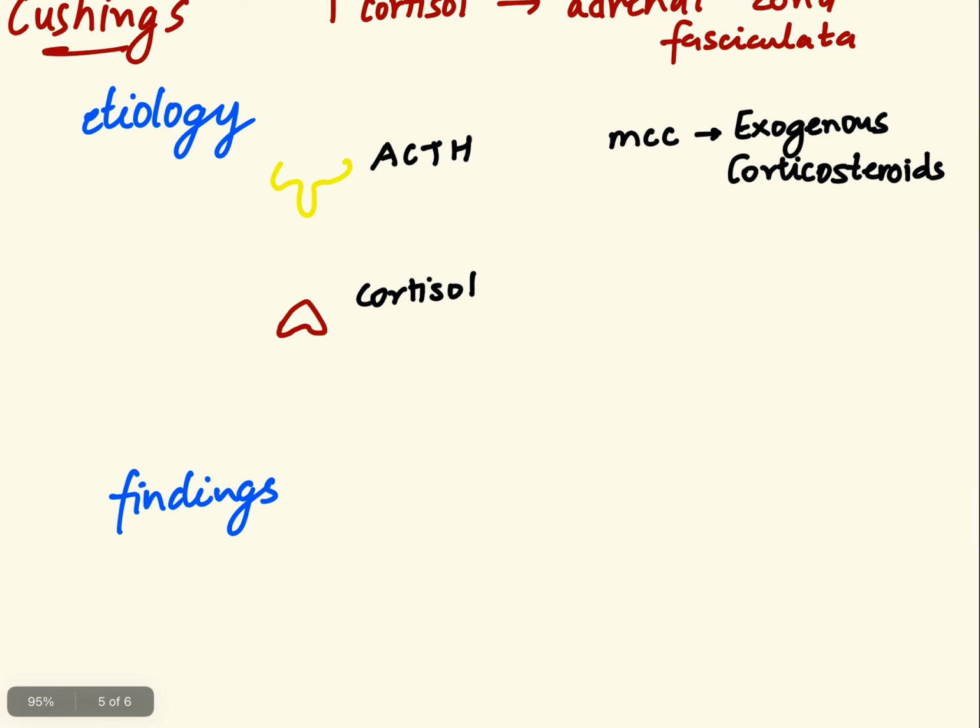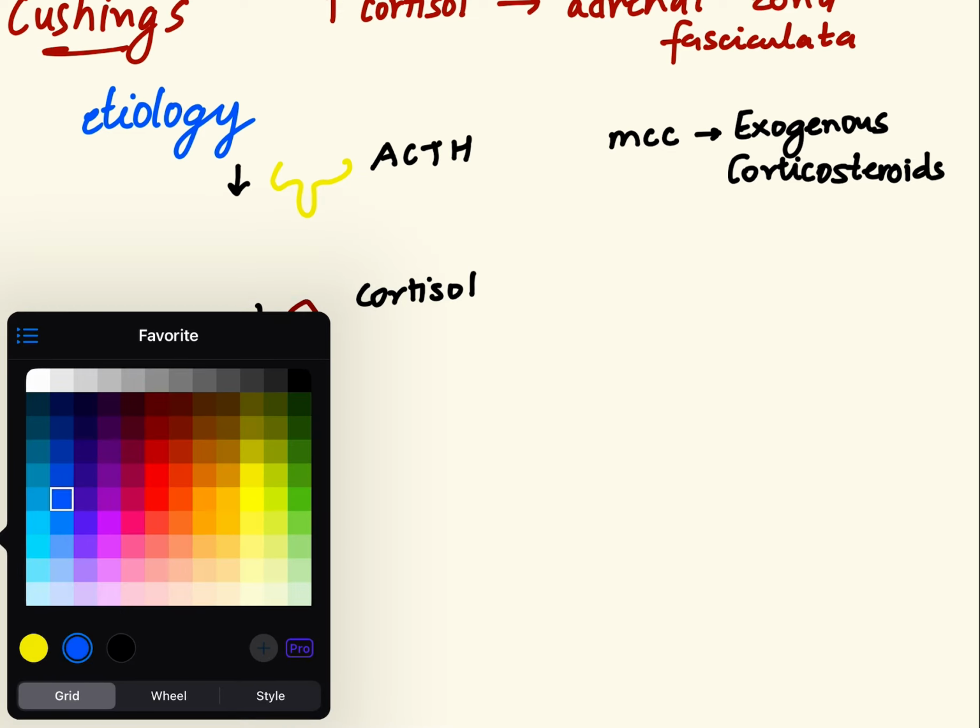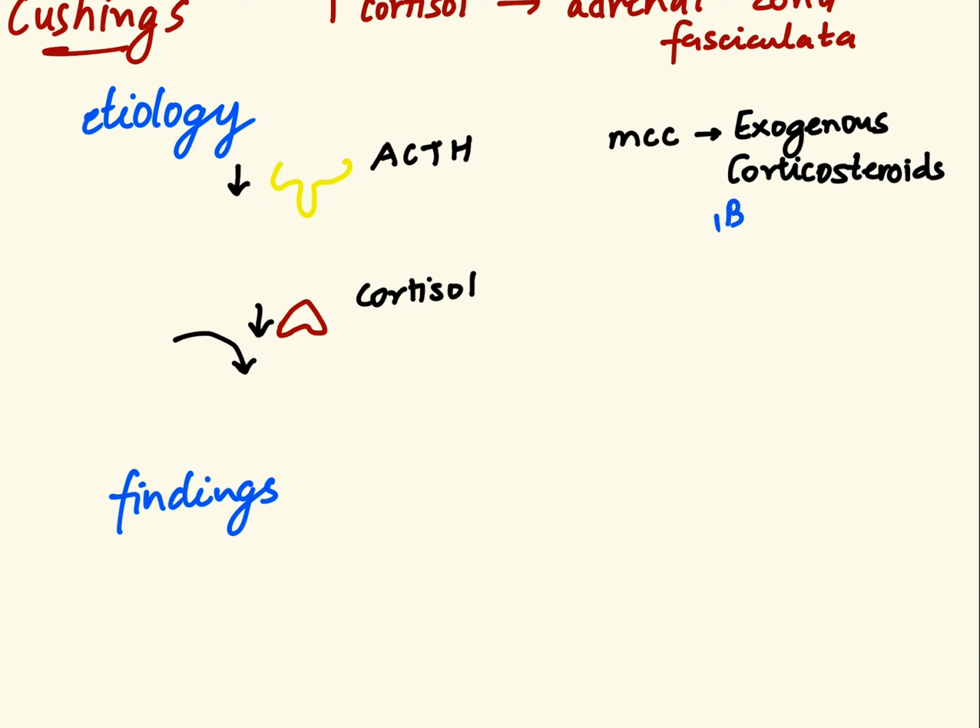Now it does what? ये यहाँ से आके it suppresses the adrenal also, it suppresses the ACTH from the pituitary also. Okay, and this causes what? Bilateral adrenal atrophy.